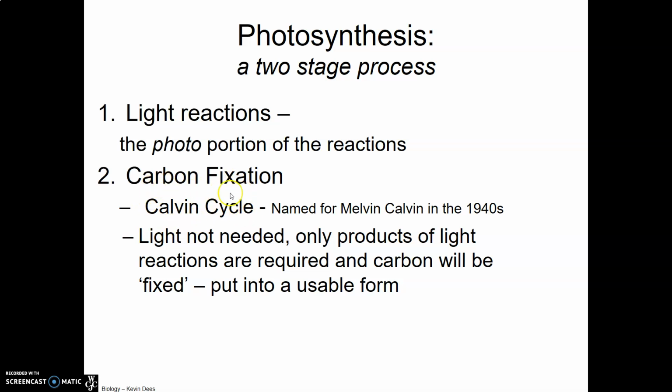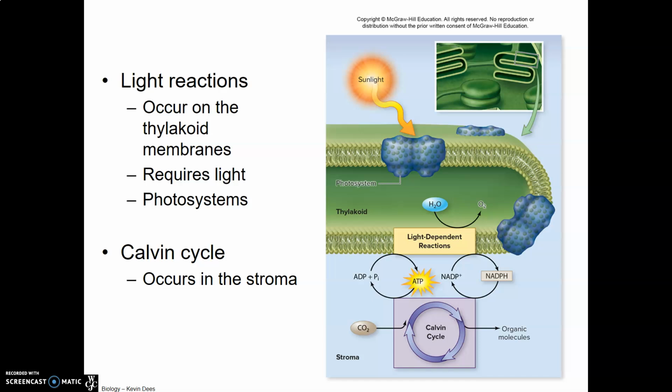The carbon fixation portion doesn't require light, but it does require the products of the light reactions, so that we are able to fix our carbon and put the carbons into a usable form. Now, if we look at how these two portions of photosynthesis occur spatially in our chloroplast, the light reactions occur on the thylakoid membranes, right?